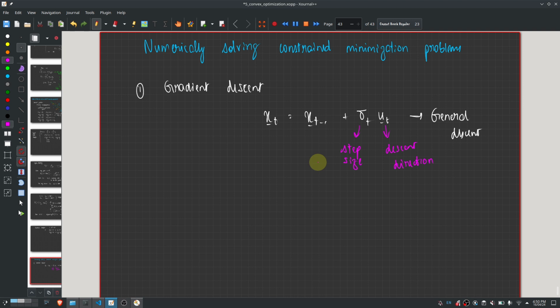You know for sure that at every step the function value will decrease, so you can hope to eventually reach a minimum as long as the function is bounded. So we choose ut to be equal to the negative gradient of f evaluated at x(t minus 1).